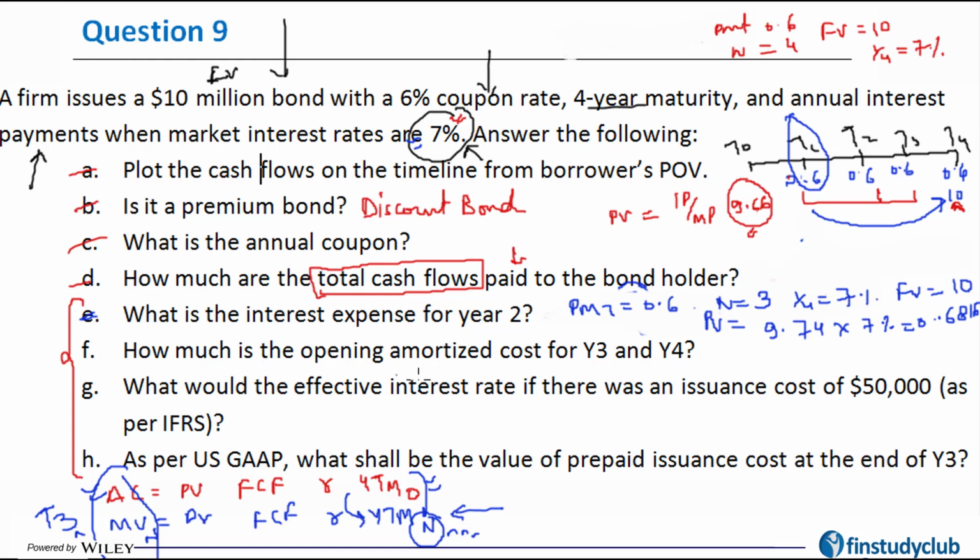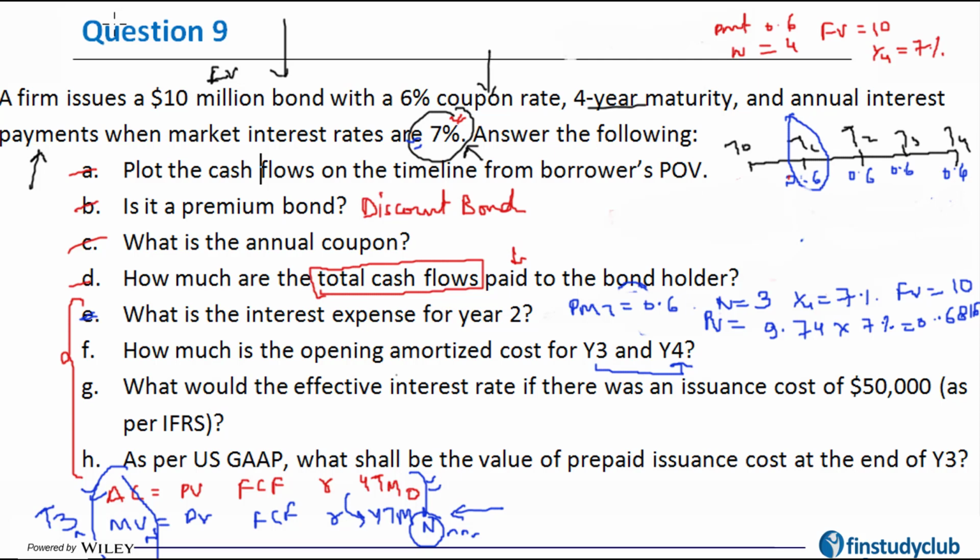My next question is on the amortized value at the end of year 3 and year 4. Now here, let me clean the board a bit for you. What you have to find out is the amortized cost at the end of year 3 and year 4.